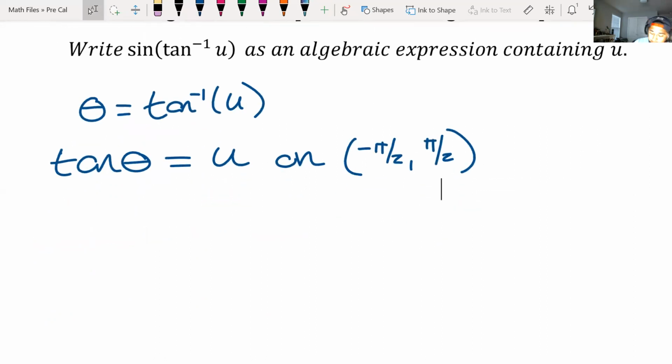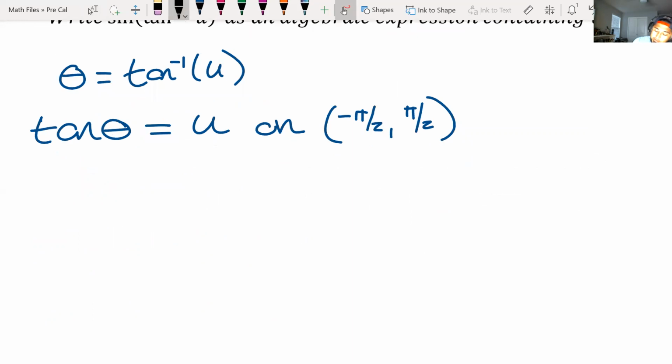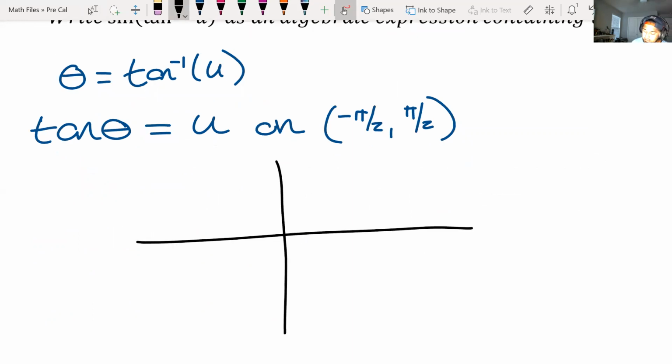Not included, right? Okay, which means let's draw our unit circle just for the inverse tangent. There's negative pi over 2, there's 0, and there's pi over 2. If tangent is a positive u, what quadrant are we in? 1. So there's theta.